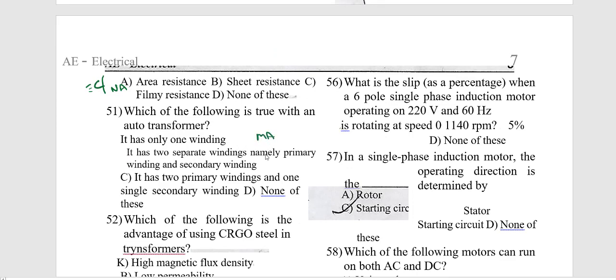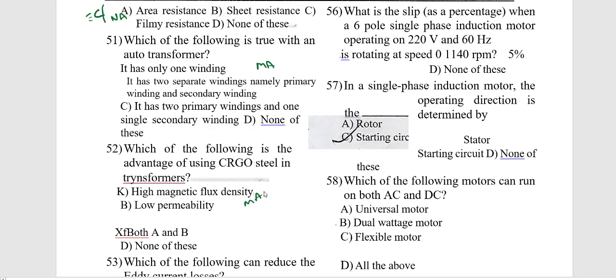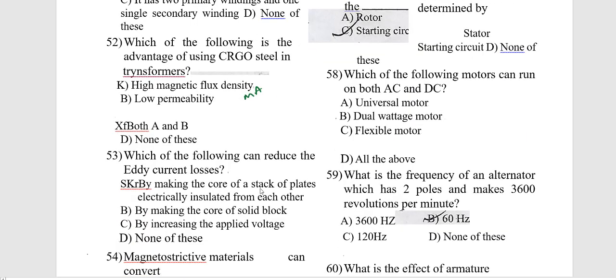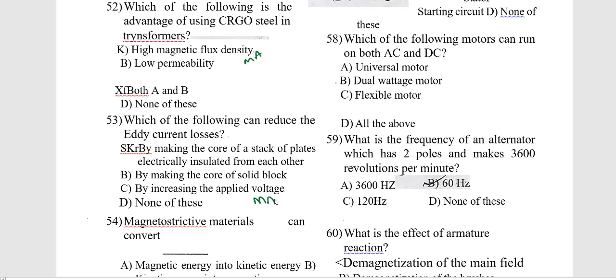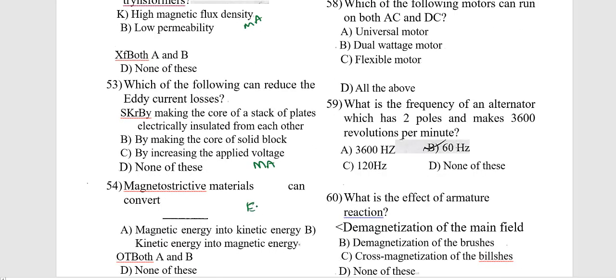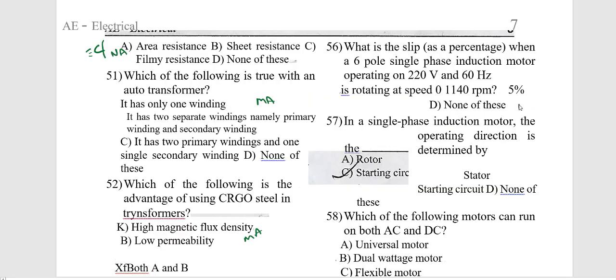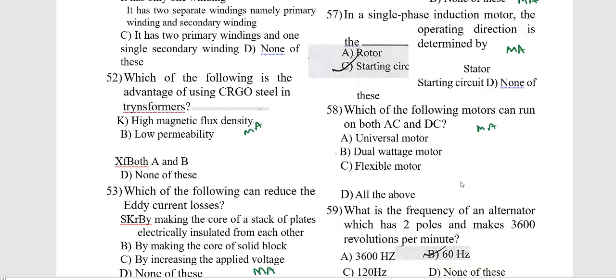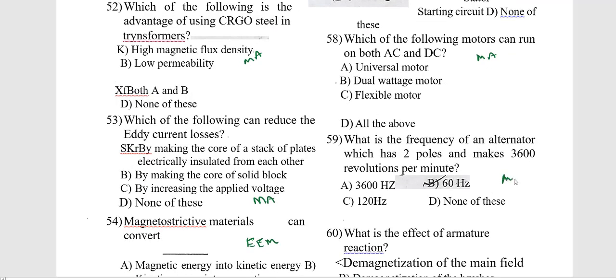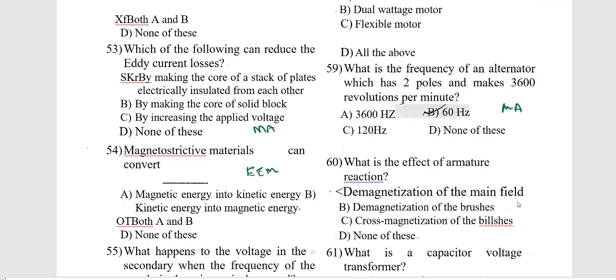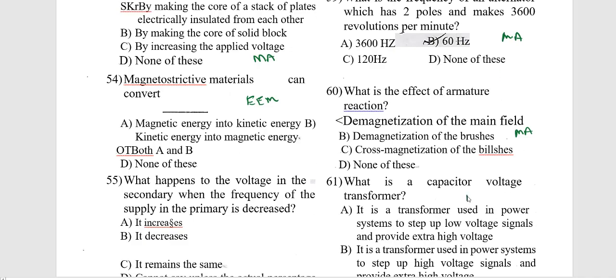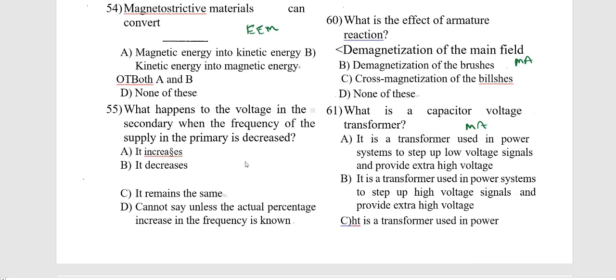So machines, magnetostrictive materials, so electrical engineering materials. 56 again machines, machine. 55 again this one, what happens to voltage inside? Again machines.